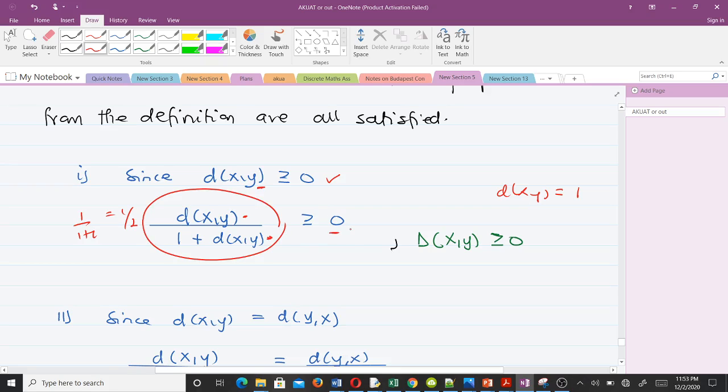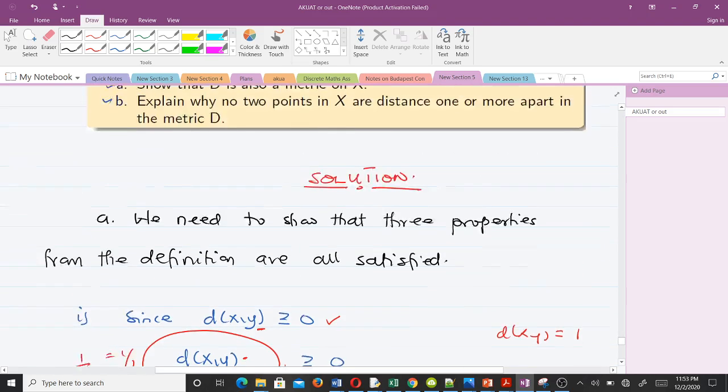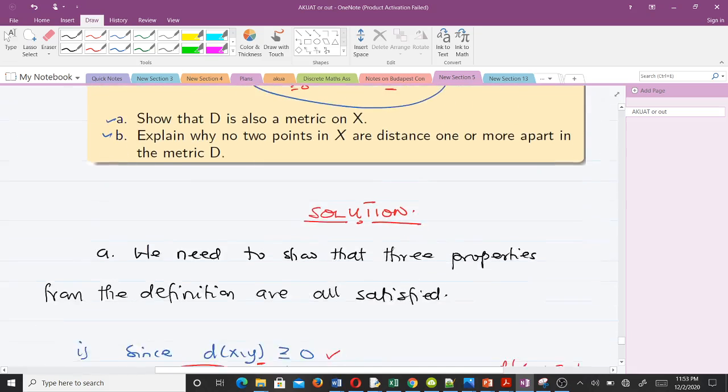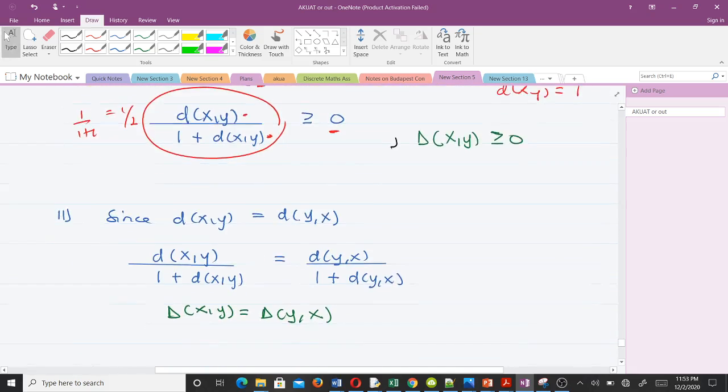Okay, so saying this is greater than or equal to 0, it means that capital D, the distance, here I'm using capital D instead of small d, so the distance between x and y is always greater than or equal to 0, because capital D is given by this. So if this is greater than or equal to 0, then that means this is also greater than or equal to 0. So we've been able to show the first one.